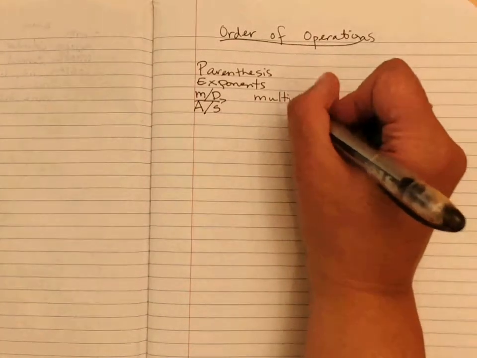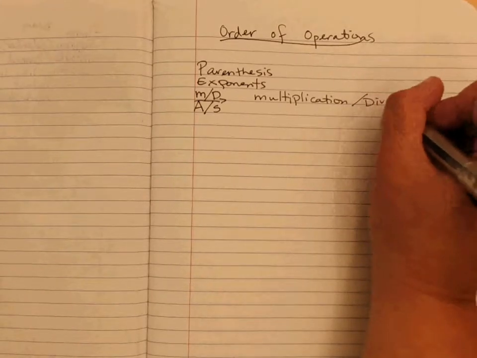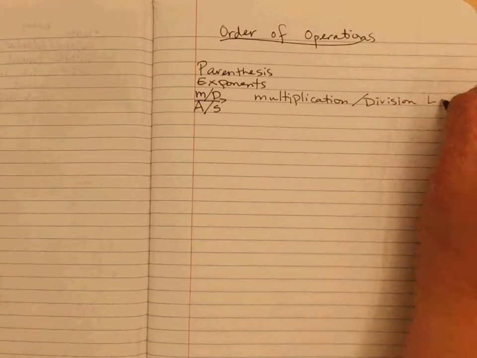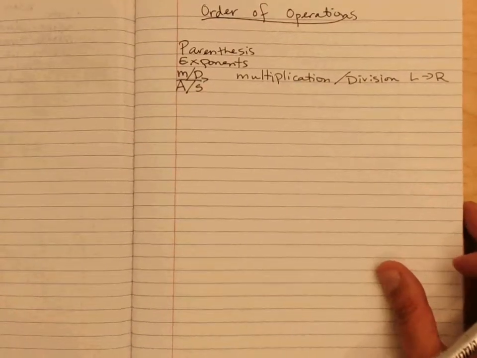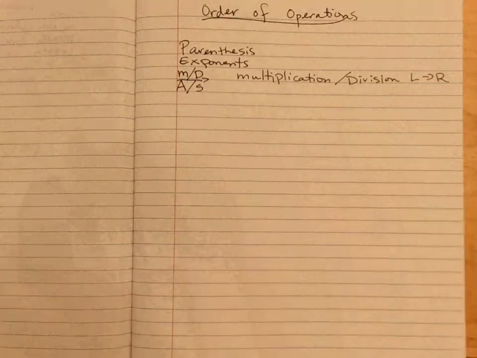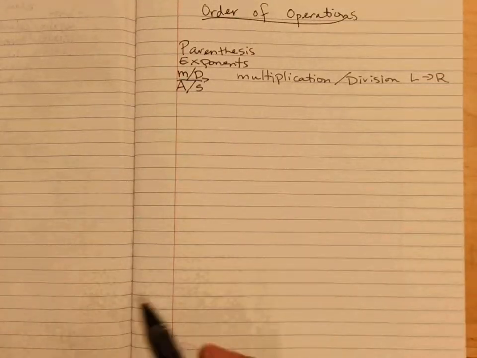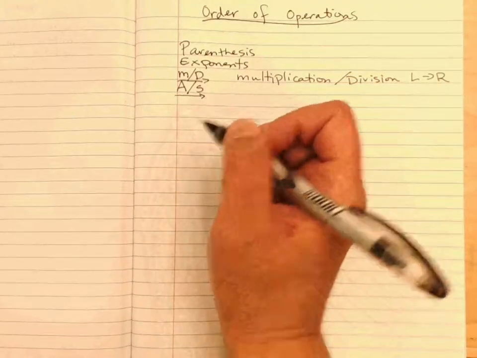Yes, you're actually going to do multiplication and division from left to right. And it's going to become more clear as we go on into more advanced math this term why that is. When we get to fractions, remind me, and we'll go over that again. And we'll also talk about it when we get to positive and negative numbers.